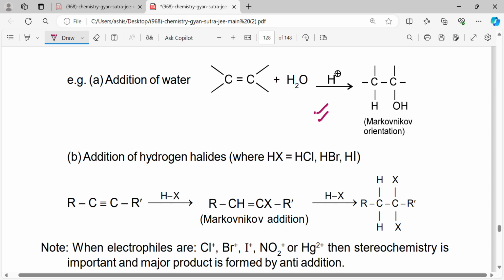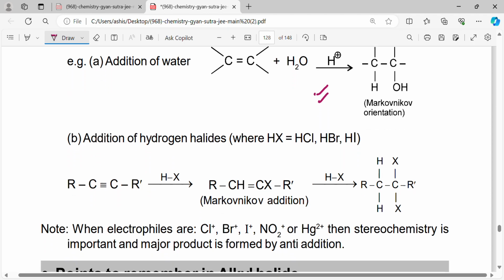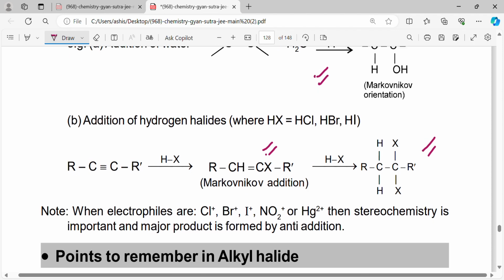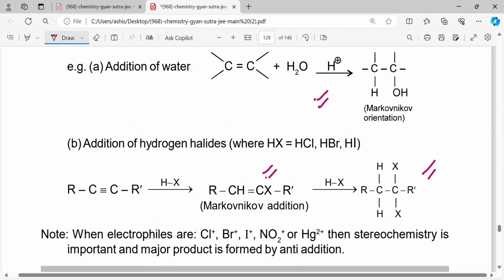Here the electrophile is the H plus ion. And Markovnikov addition will take place. According to Markovnikov addition, the negative part of the reagent will be attached to that carbon which has the lesser number of hydrogen atoms. Again, when a hydrogen halide reacts with an alkyne, Markovnikov addition happens first, then HX we have to use in this way.